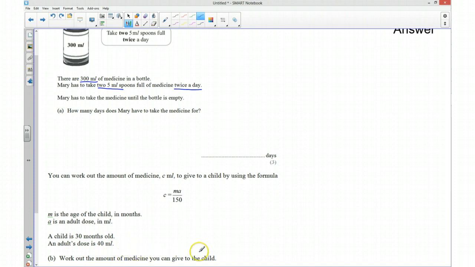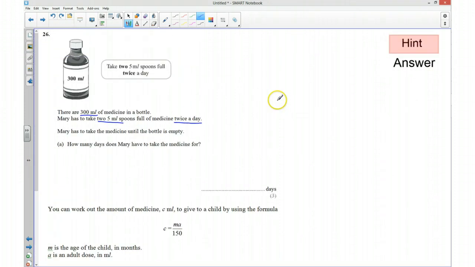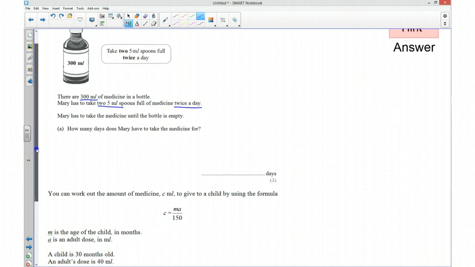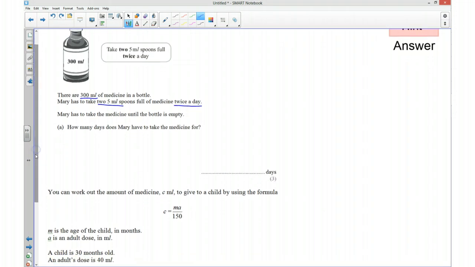We need to work out the amount of medicine you can give to a child. So we know what M is and we know what A is, so we should be able to use this formula to work out what C is. Okay, so those are my hints. So if you'd now like to pause the video and see if you can work out the answer to this question.